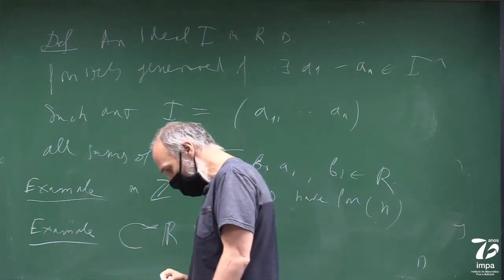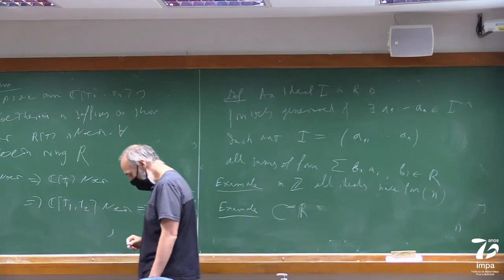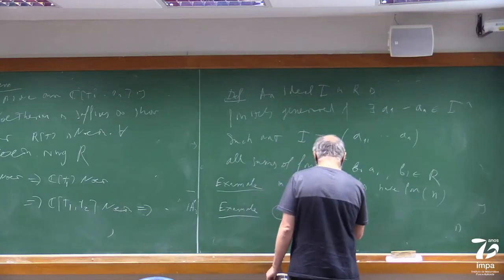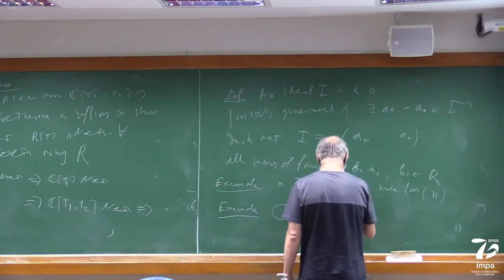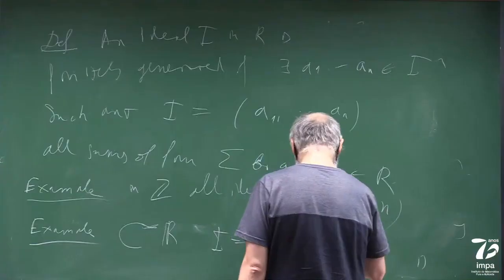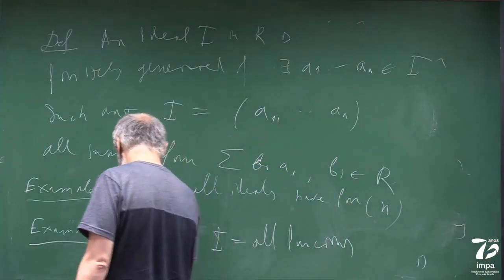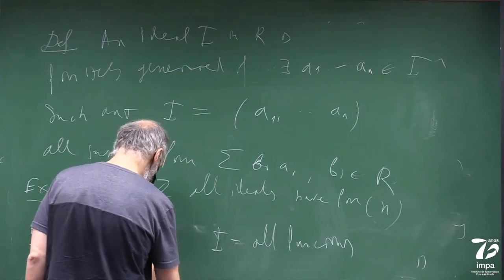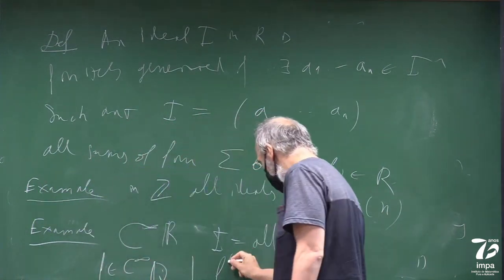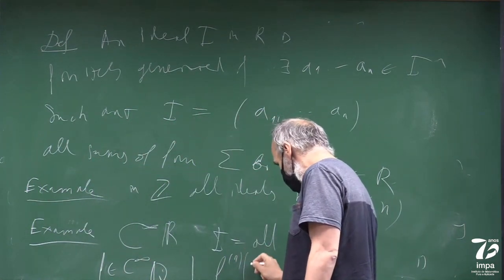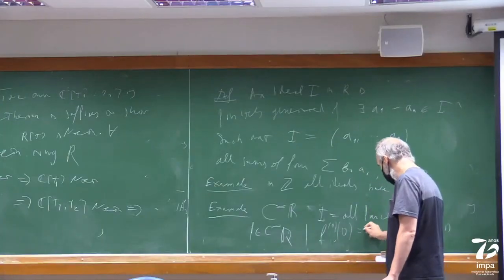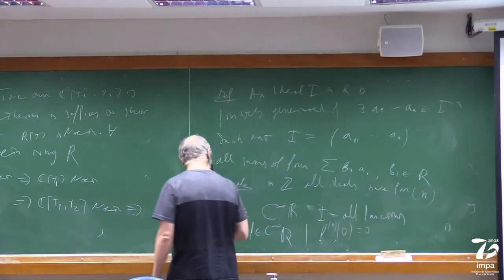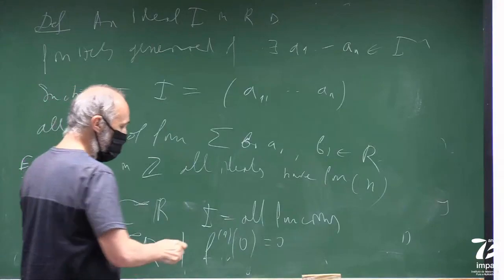As an ideal, you can take the ideal of all smooth functions f with vanishing derivatives, such that any number of derivatives of f at 0 equals 0. It's a good exercise to prove that it is not finitely generated.